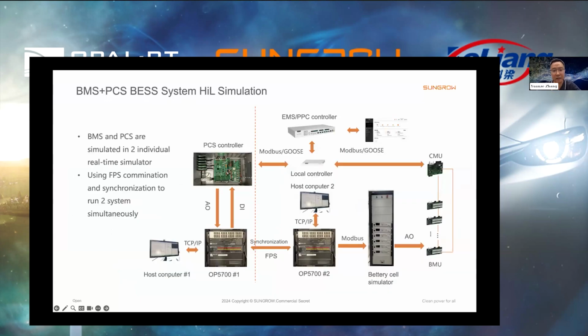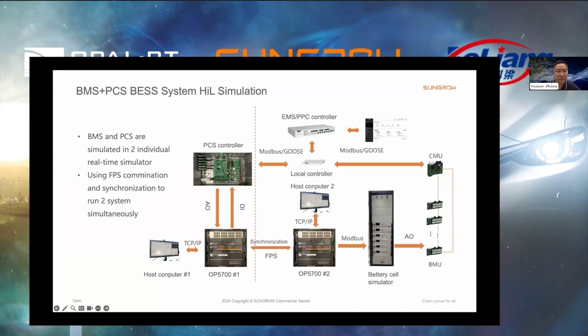Here's another case that we use two simulators running in synchronization. So in this graph, on the right-hand side is our BESS hardware-in-the-loop test system. So this is mainly to test our BMS. We have our BMS controllers connected to our cell models in the real-time simulator.